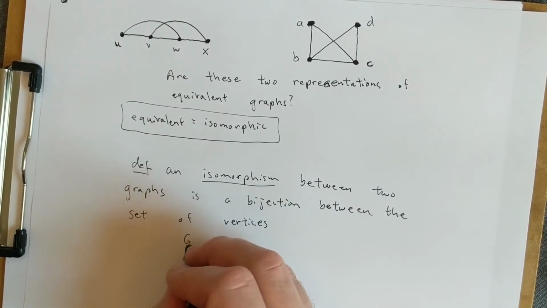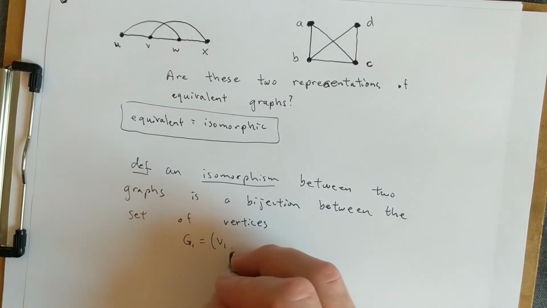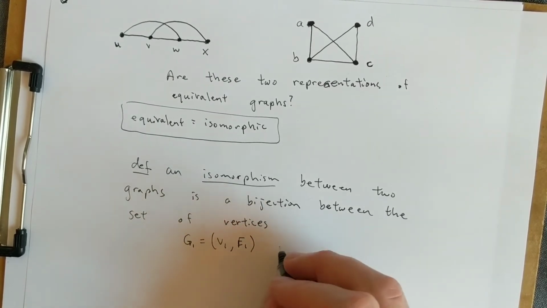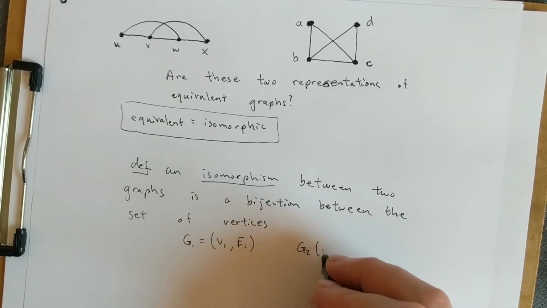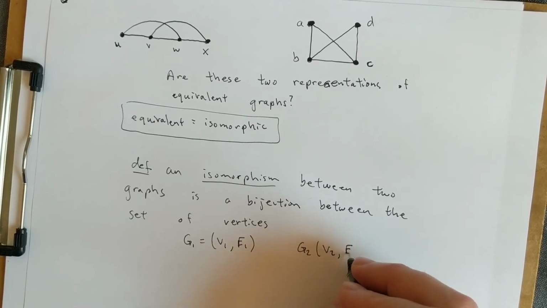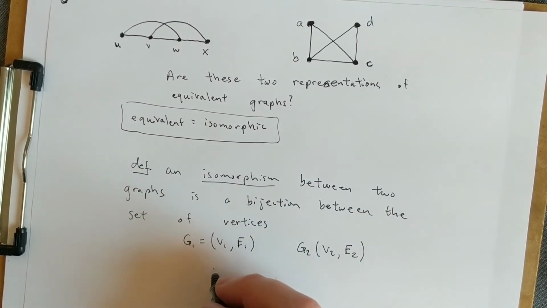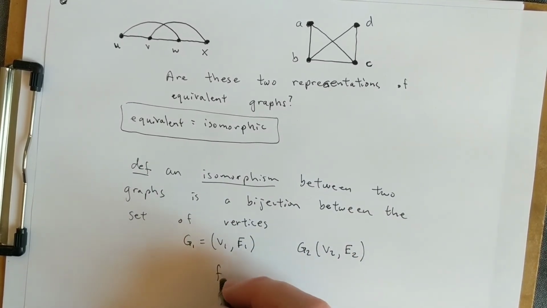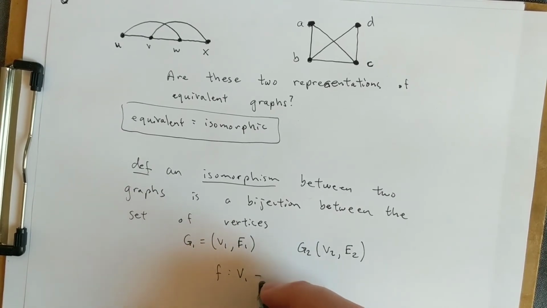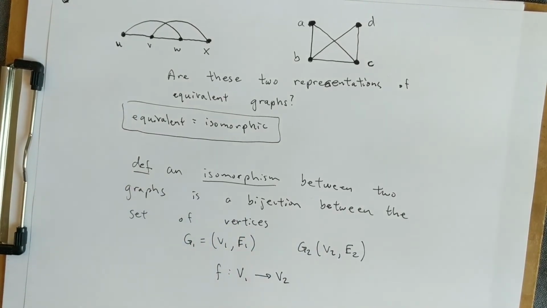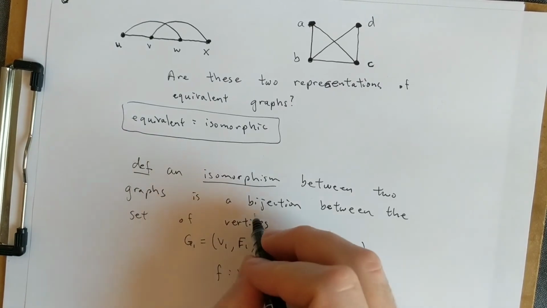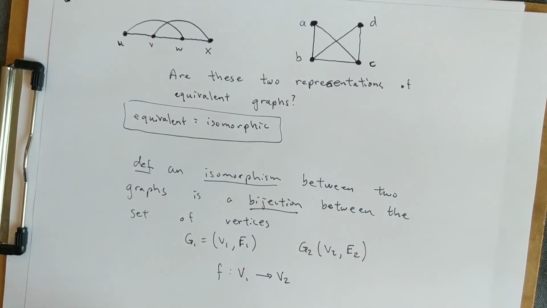So if G1 is equal to (V1, E1), and there's another graph, G2, that has another vertex set and another edge set, then the isomorphism that we're defining, we'll call it F, like your text, is a map from V1 to V2. And we need to show that it's a bijection.